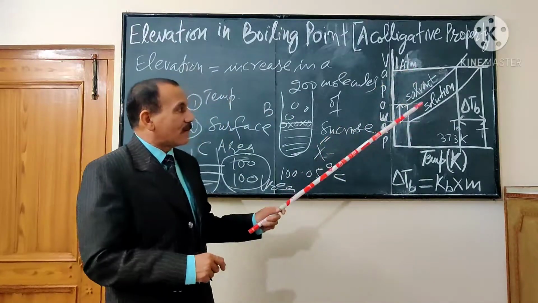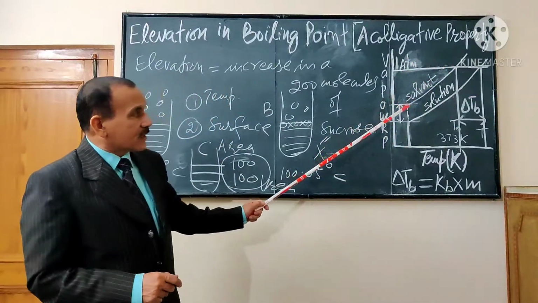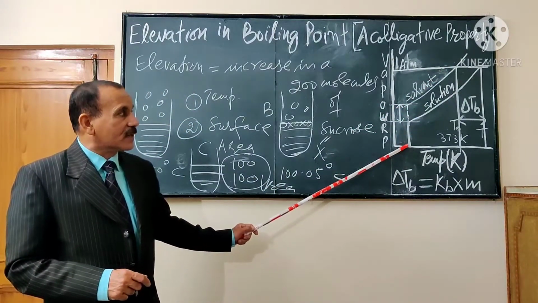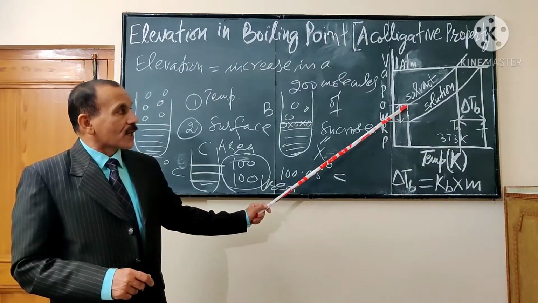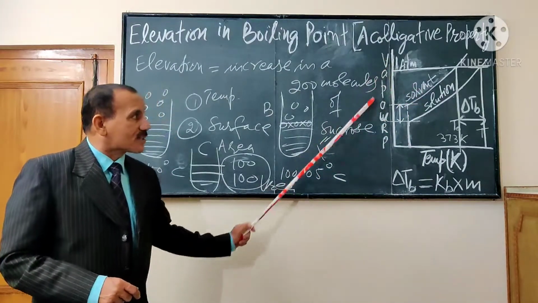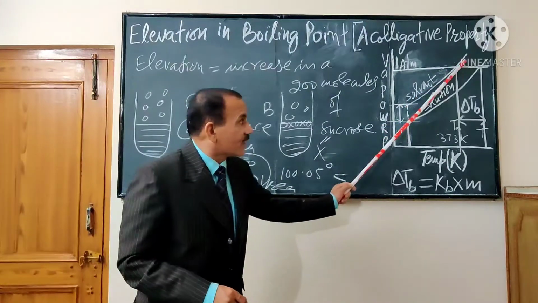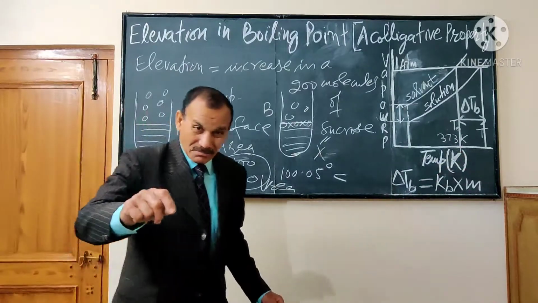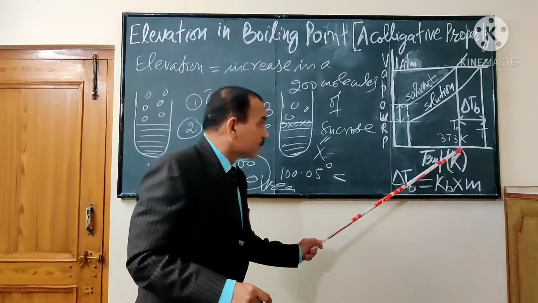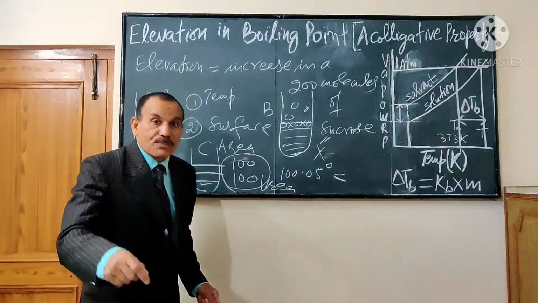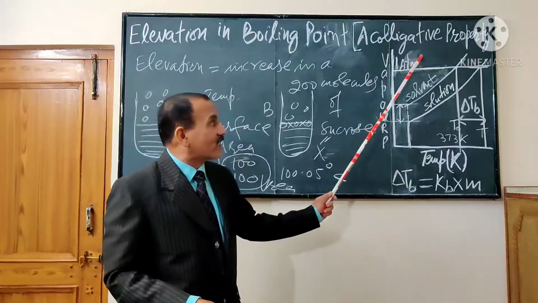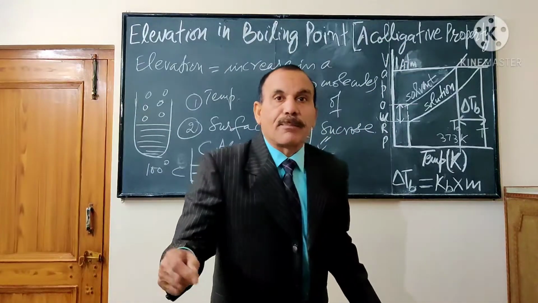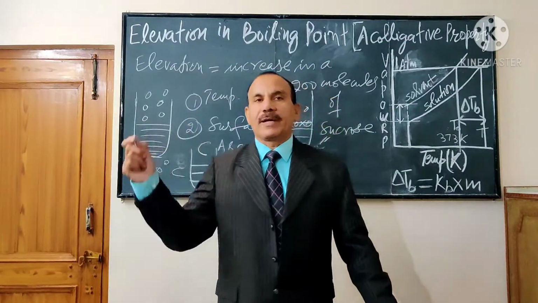Here in this graph, we have pure solvent at room temperature, let's say 25 degrees C, and on heating the pure water, its vapor pressure goes on increasing, and at 100 degrees C or 373 Kelvin, the vapor pressure of pure water becomes equal to 1 atmospheric pressure, and according to definition, this is the boiling point of water or pure solvent.